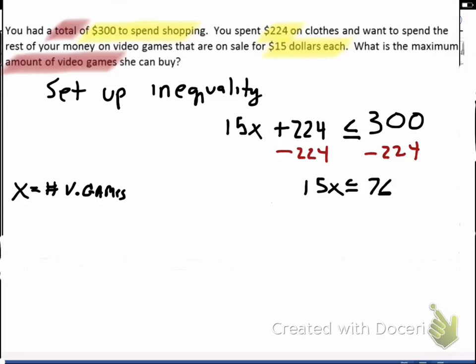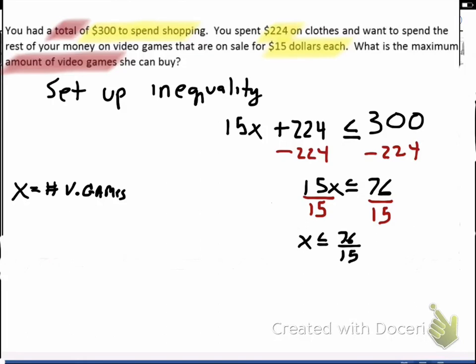Now, this is where it gets a little tricky, because this doesn't come out nice, but that's okay. So I divide by 15, so x is less than or equal to 76 over 15.